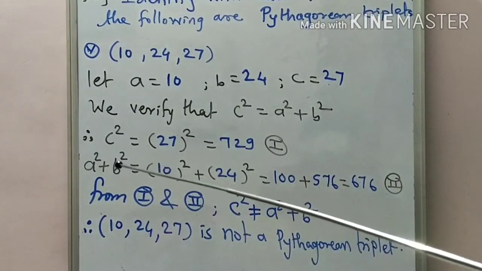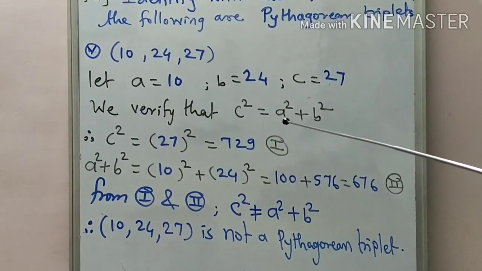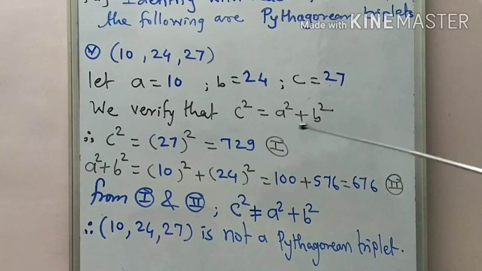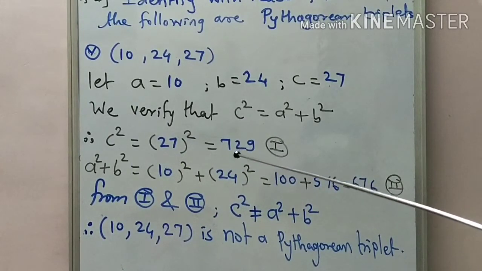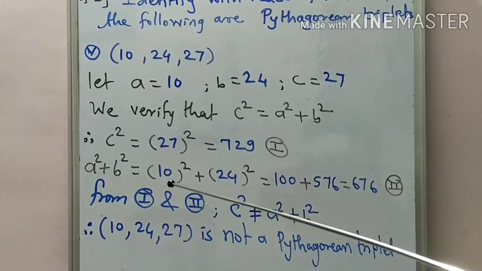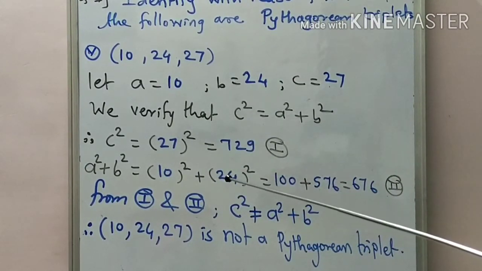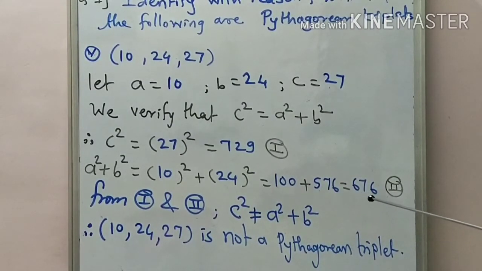So like this we simplify it. Again here we verify whether C square equals A square plus B square or not. C square means the square of 27, which is 729, and A square plus B square means the value of A is 10, the square of 10 plus the square of 24, as 100 plus 576, and that addition is 676.